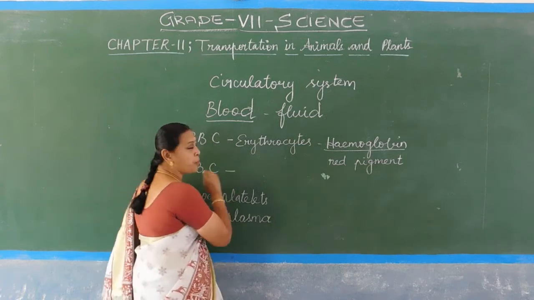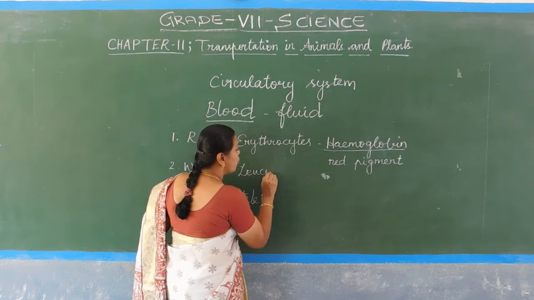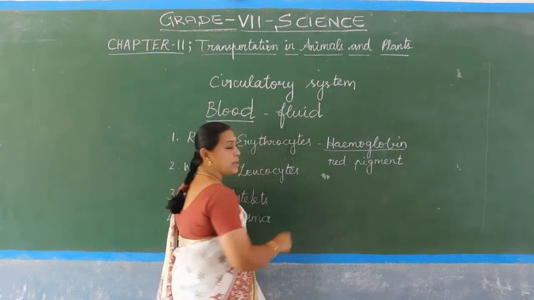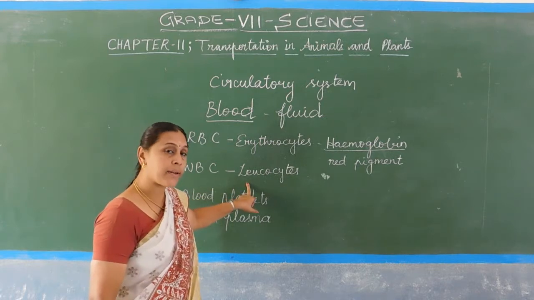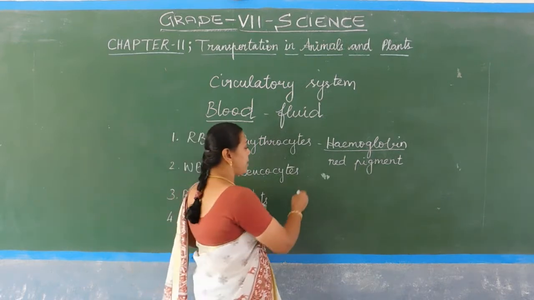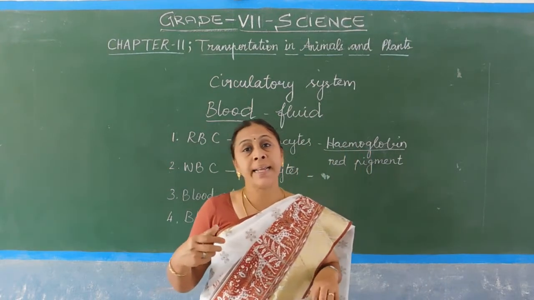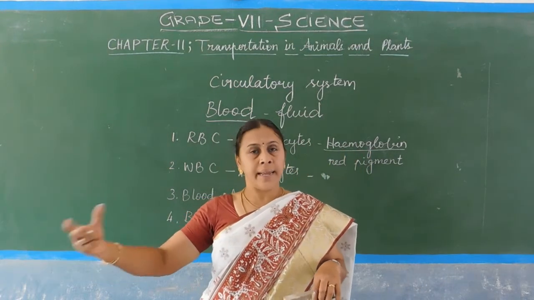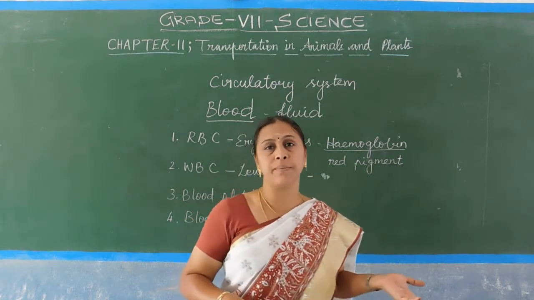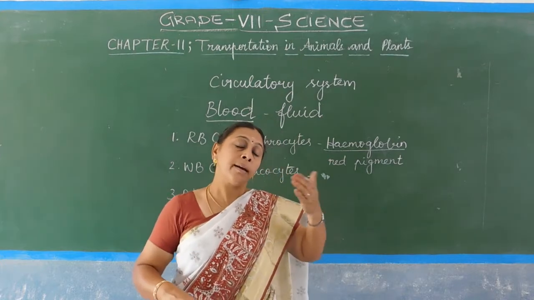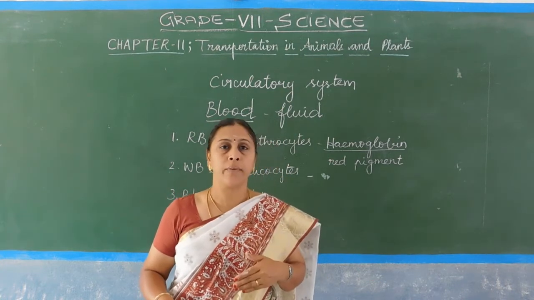Next, WBC. It is otherwise called leukocytes. That is white blood cells. It only helps in fighting the germs against our body. It protects our body from the harmful germs. It doesn't allow the harmful germs or the bacteria or the microorganisms to enter into our body.